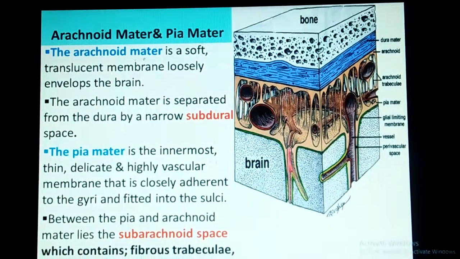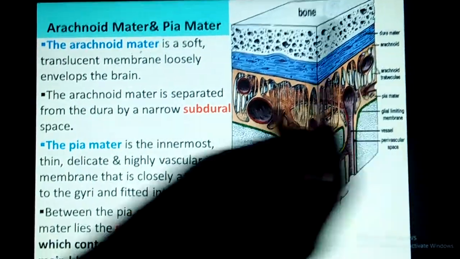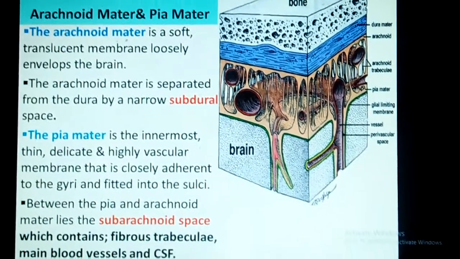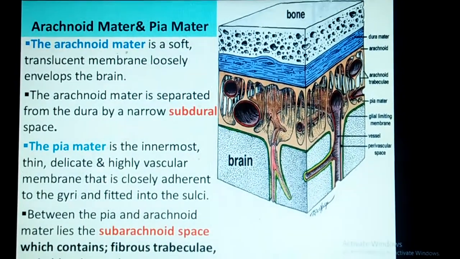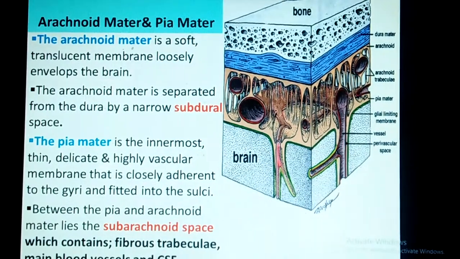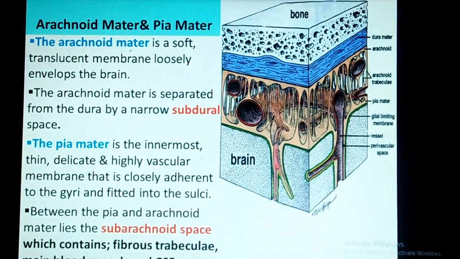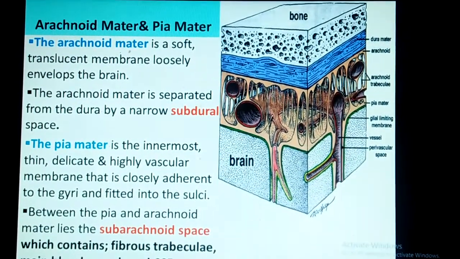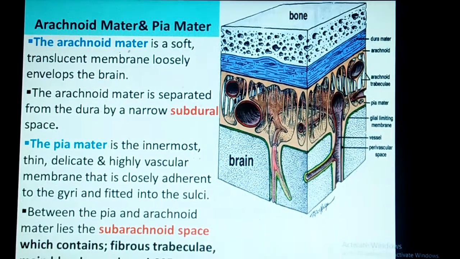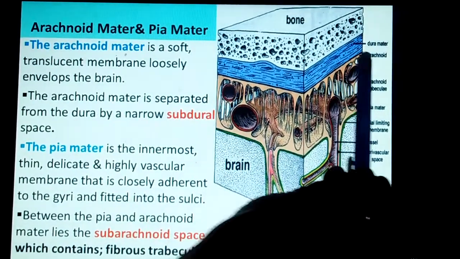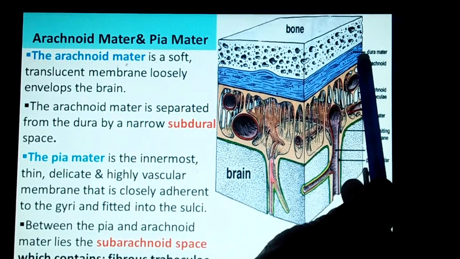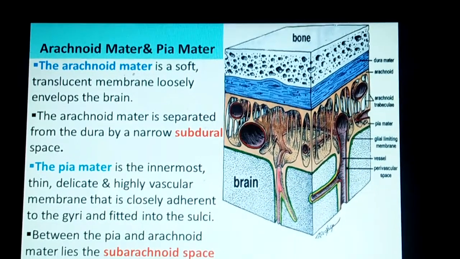Then we see the arachnoid mater. The arachnoid mater is a soft, translucent membrane that loosely envelopes the brain. It is separated from the dura mater by the subdural space.